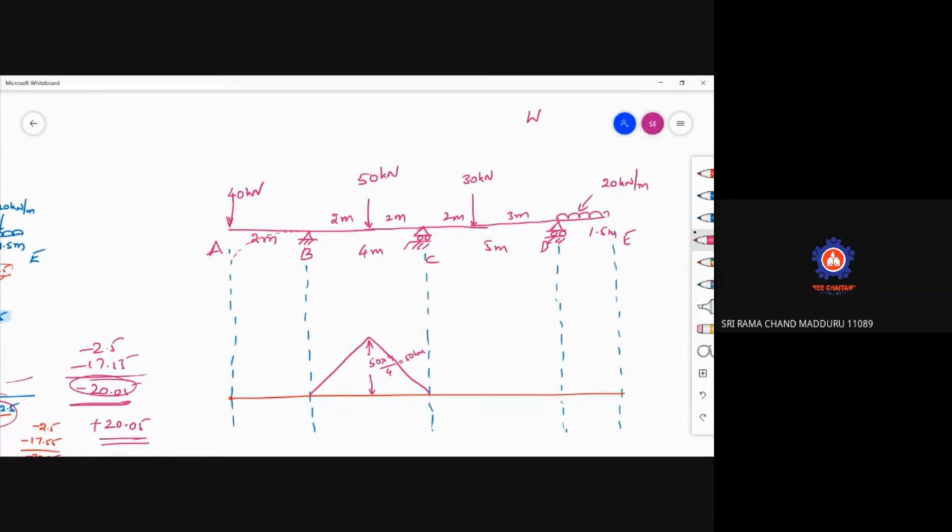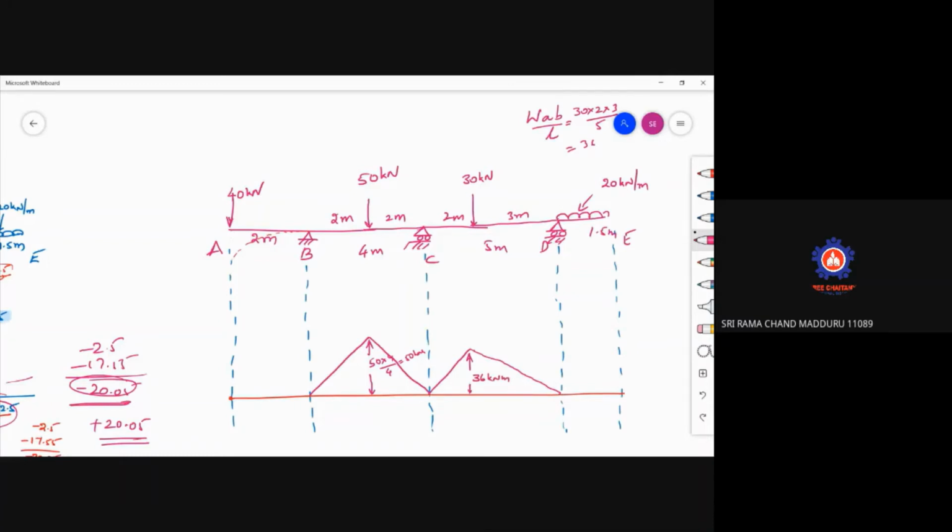You know that the bending moment value is WAB by L. I am writing for a simply supported beam. This is the positive bending moment diagram. So 30 into 2 into 3 by 5, which is 36. The diagram is also linear as a point load is acting, so this is 36 kilonewton meter.